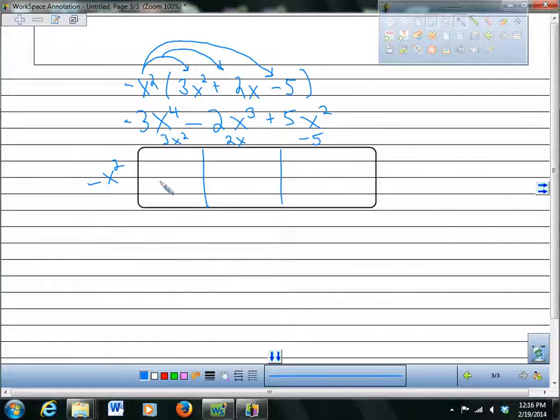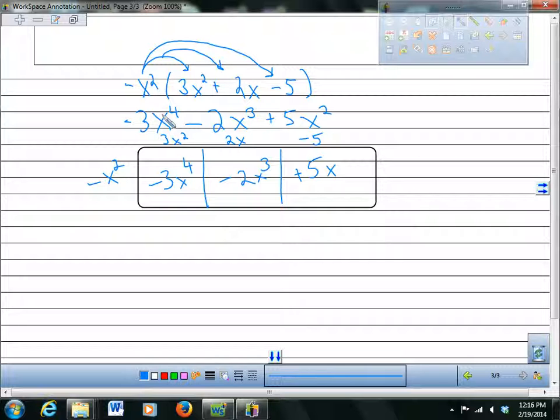And then I would have multiplied that times that, minus 3x to the 4th, minus 2x cubed, plus 5x. Now this method is kind of easy to do without the box method, but when we get into more complicated ones, which is section 8-3, which I'm going to teach you at the end of the period, the box method is kind of a good way to do it.